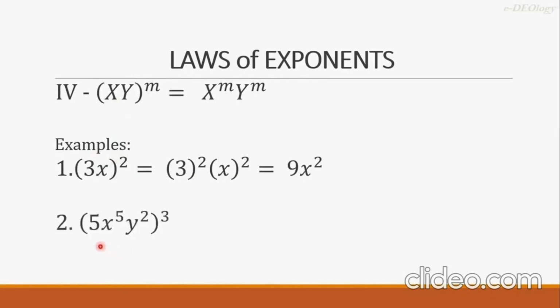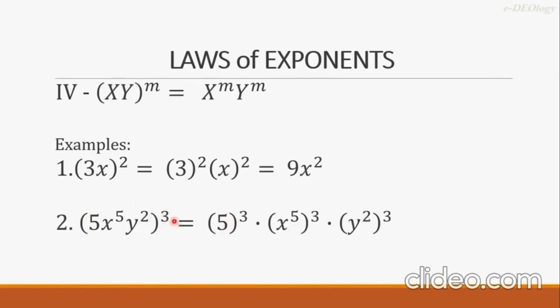Another example is the quantity 5x raised to 5 times y squared, all raised to power 3. So we're going to distribute the 3 to all the terms inside. The power 3 is given to the base 5. The power 3 is distributed to x raised to 5.